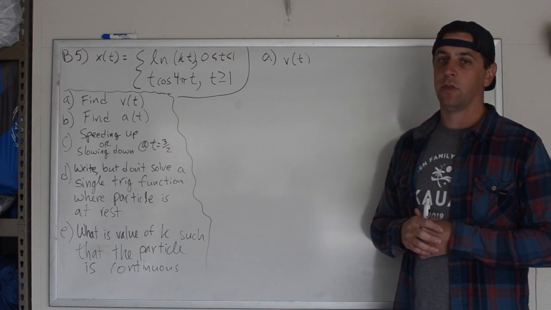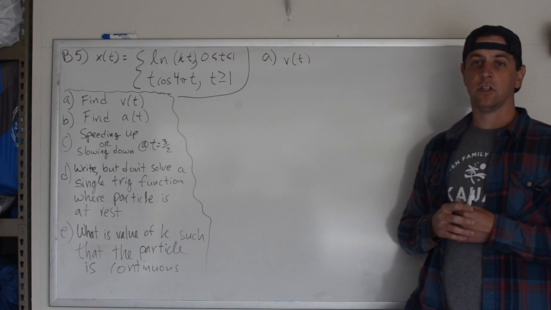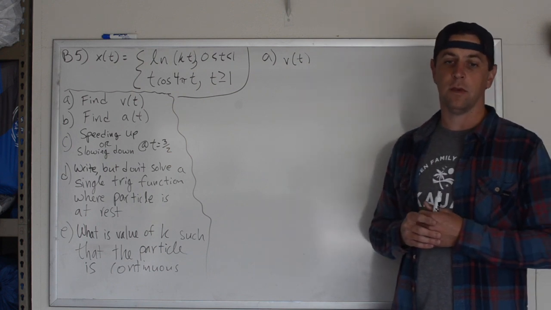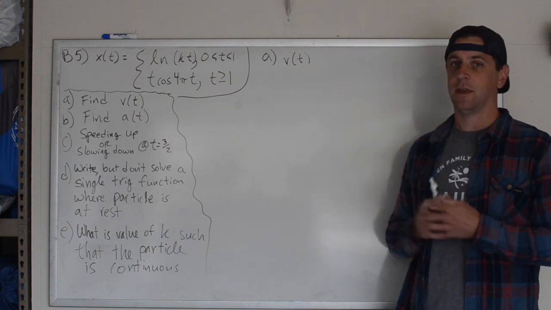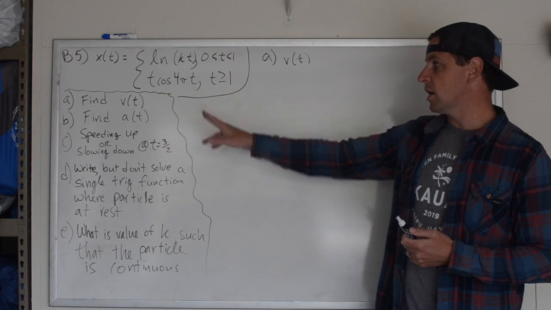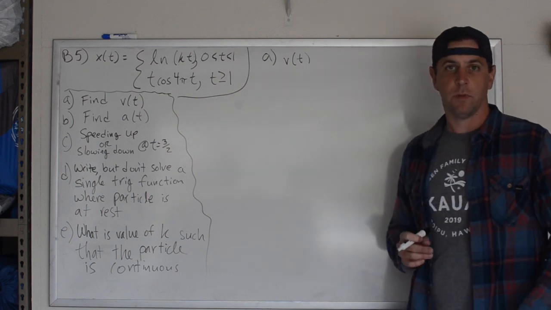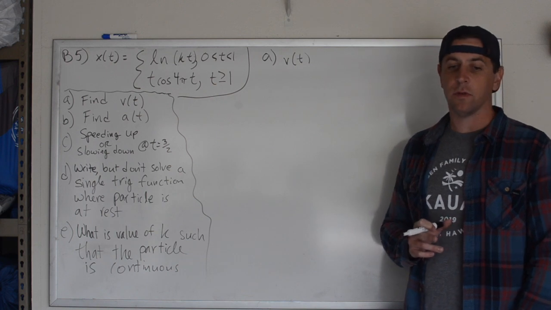So something like where the function is no longer continuous, or where the function forms a corner or a cusp or something like that. I personally don't think they would get this technical on a problem like this on the AP test, but I'm going to talk about what would be necessary to take this derivative.